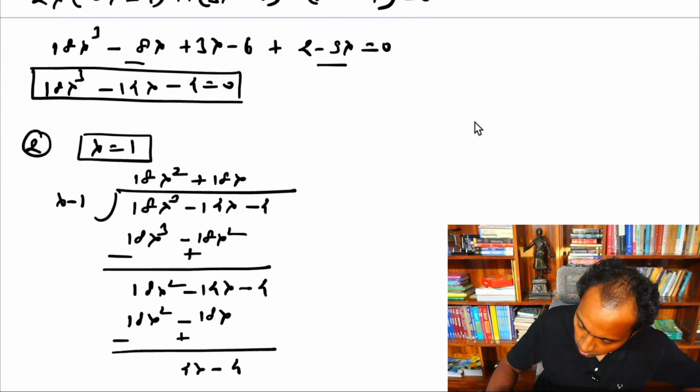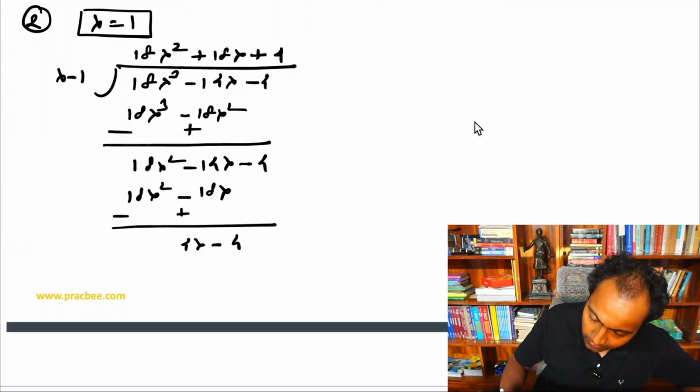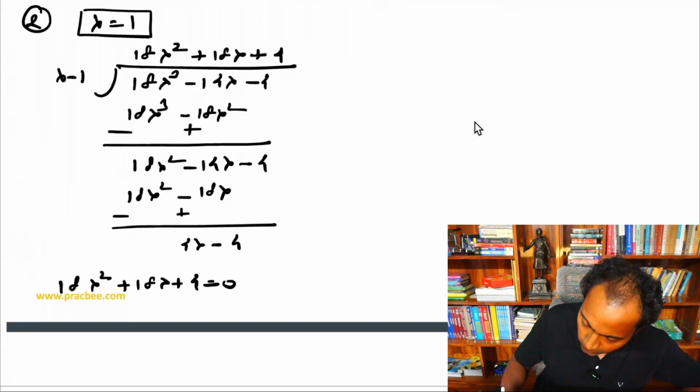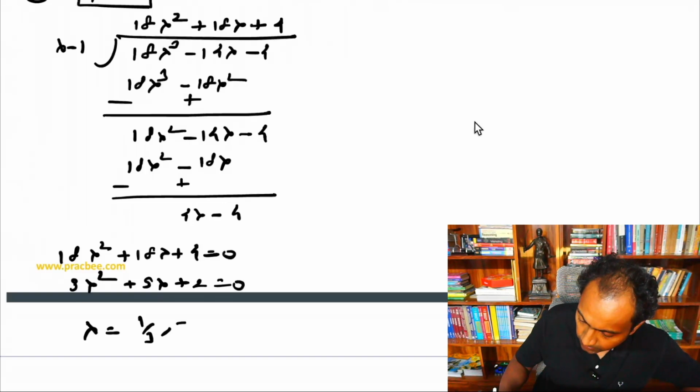So this comes out to be nothing but plus 4. Once you have got this, you can see that the remaining two roots will come by simplifying 18 lambda square plus 18 lambda plus 4 equal to 0, which amounts to 9 lambda square plus 9 lambda plus 2 is equal to 0. And if I apply the quadratic formula, lambda comes out to be minus 1 by 3 and minus 2 by 3.